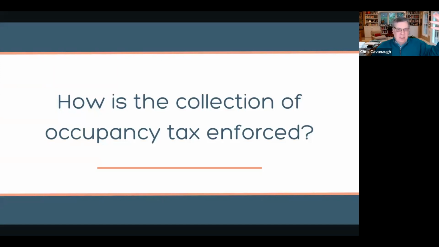So let's say that the owner or the landlord or the owner of the lodging property is making partial payments. Well, they can apply either a late return fee and or a late payment fee on those taxes. And ultimately, it's up to the TDA board to decide whether or not they want to waive that.